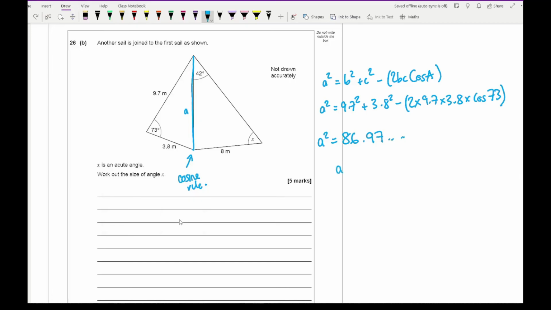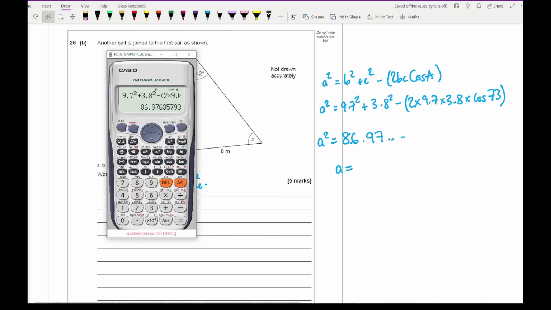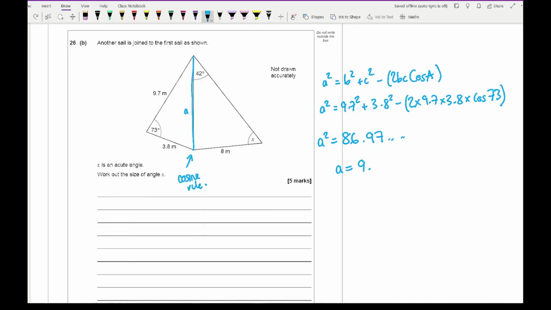So then working out what a is, if I square root that answer, I get 9.326, and there's a few decimals there.